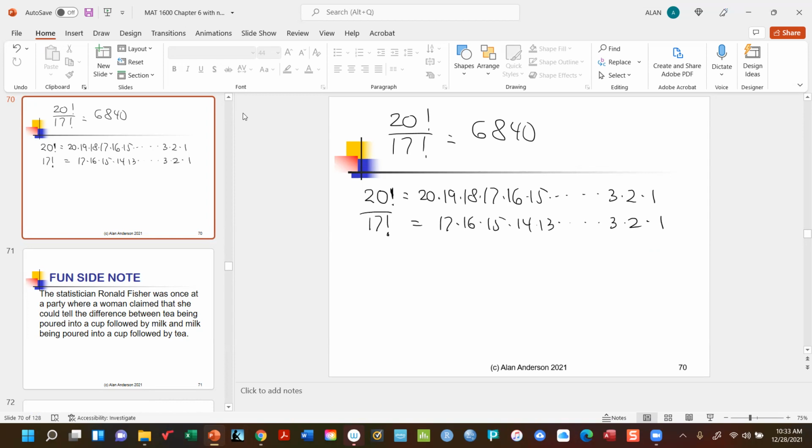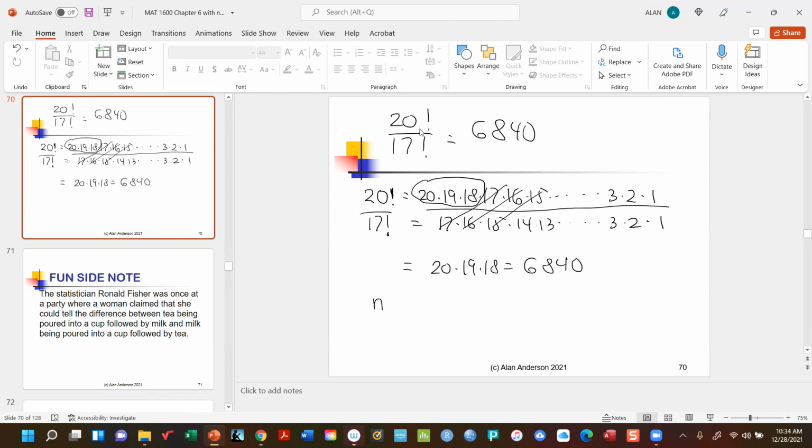So if you divide one by the other, look what happens. Everything cancels out, except these three. And there's your 6840.